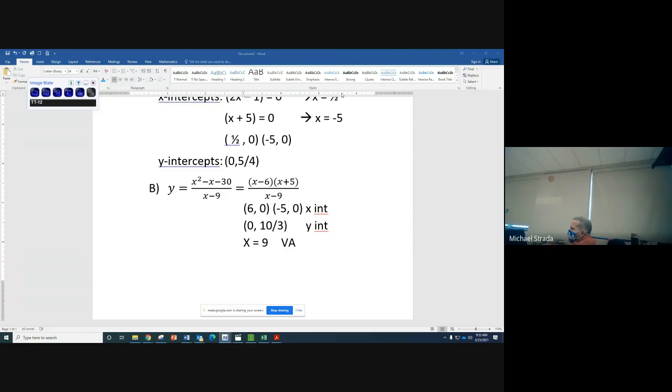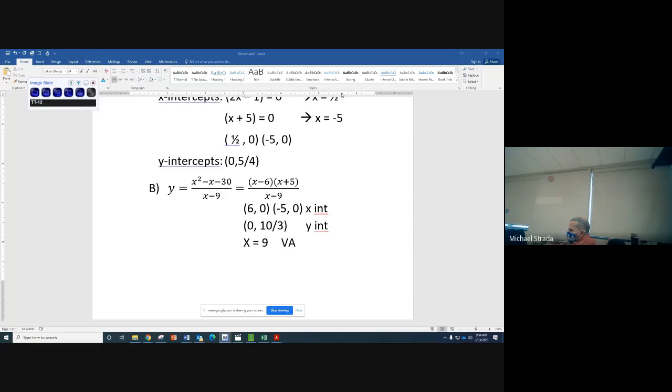Identify the equation of the horizontal asymptote given the graph. You can just look at it. Domain. So find the domain. Identify the x-intercept, the one we just did. Given a second graph, identify the equation. So that's another one like that.